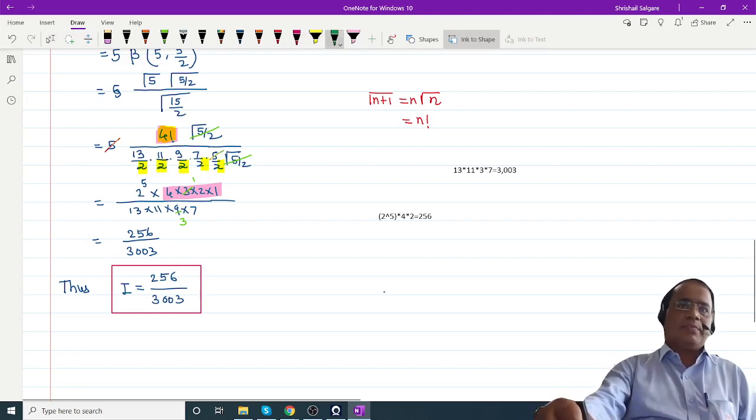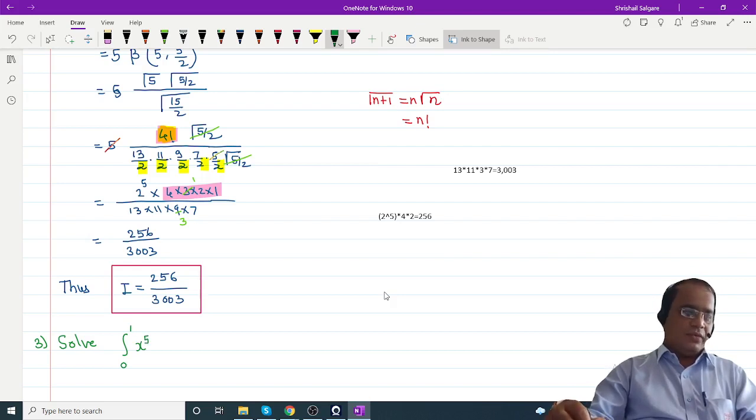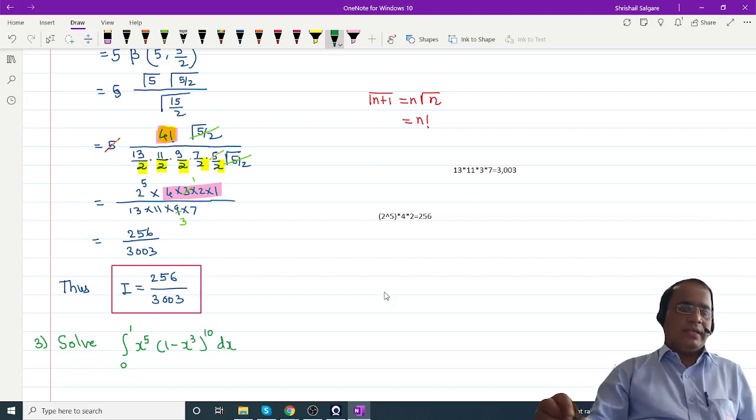Okay, third example. Silent means there is no doubt. Solve the integral from 0 to 1 of x raised to 5 into 1 minus x cube raised to 10 dx.